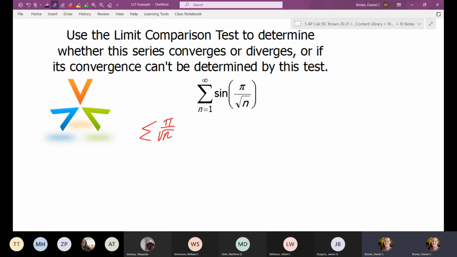Without going into deep off-tangent mathematics of why we can do that, the simple version of why this works is if you just think about the graph of y equals sine of x. So instead of thinking about sine of pi over the square root of x, what does that graph look like? We know that graph looks something like this. When we're closer to 0, even though it doesn't stay looking like that, this graph looks a lot like the graph of y equals x.